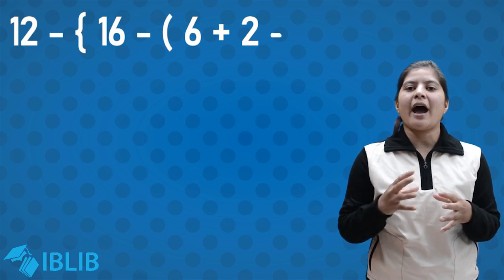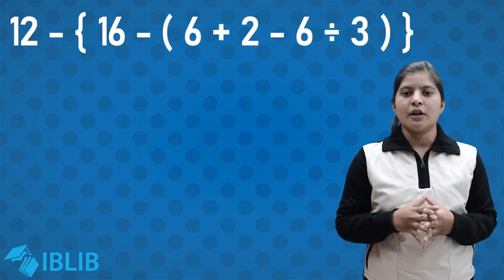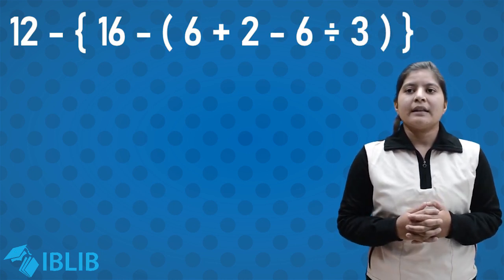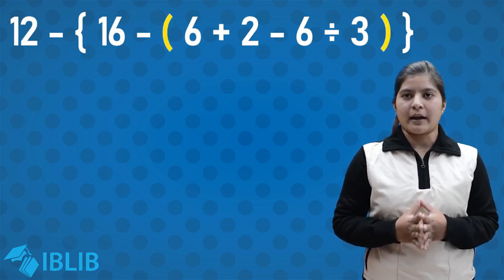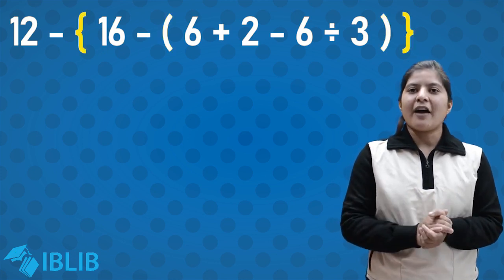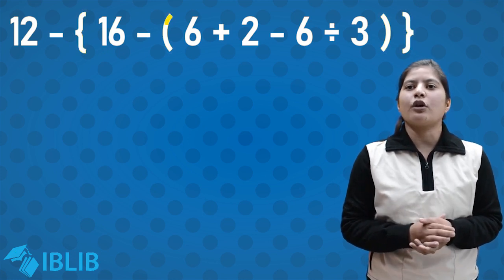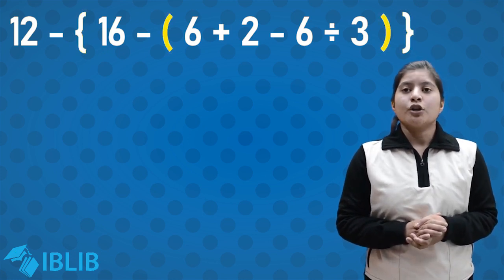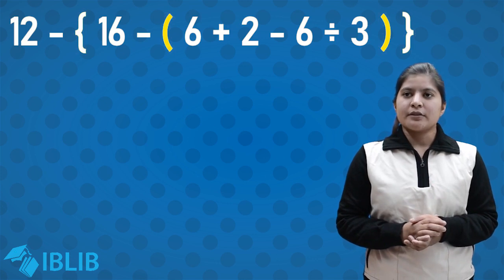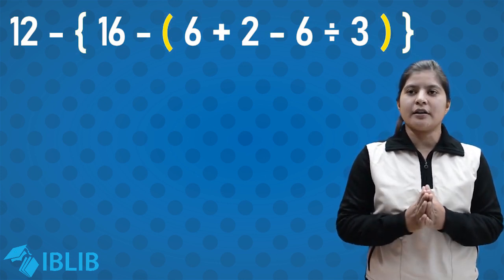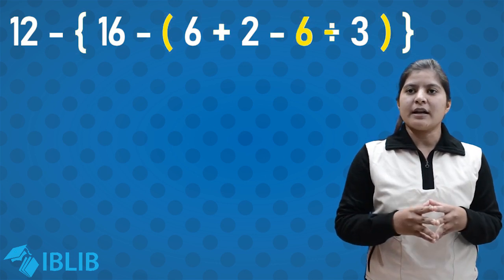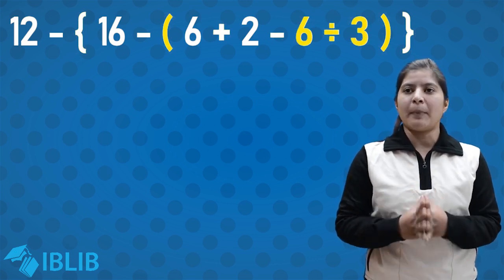Let's do one more expression in which we are having different types of brackets. So here it is. In this expression, we are having round brackets as well as curly brackets. As I have discussed, first we solve the round brackets. Inside the round brackets we are having addition, subtraction and division. According to BODMAS, we'll first solve the division part.